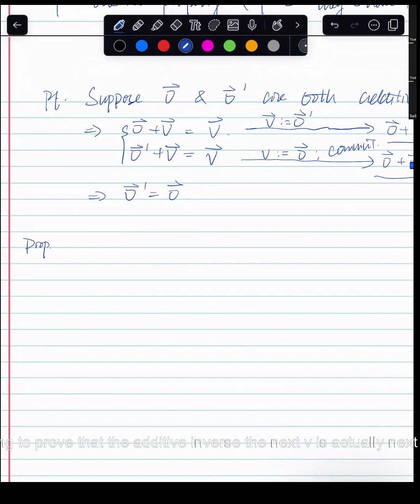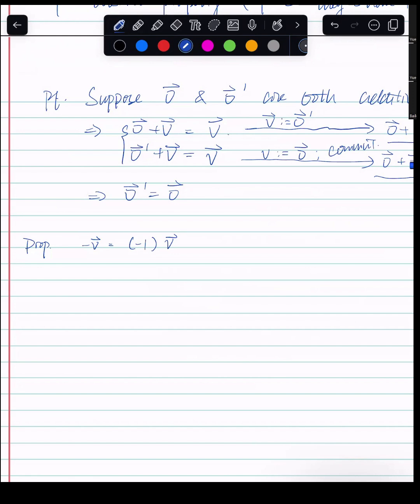This is quite cute as well. We're going to prove that the additive inverse, the negative v, is actually -1 multiplied by v. The inverse of v equals -1 times v.